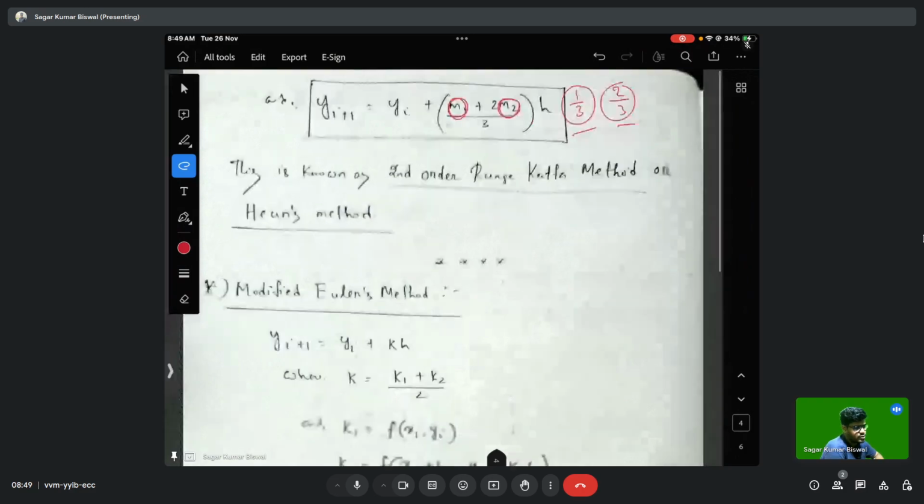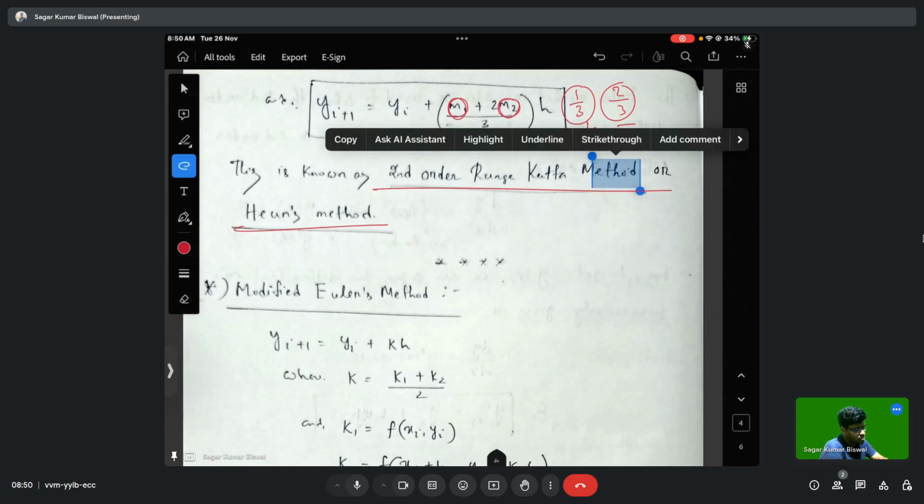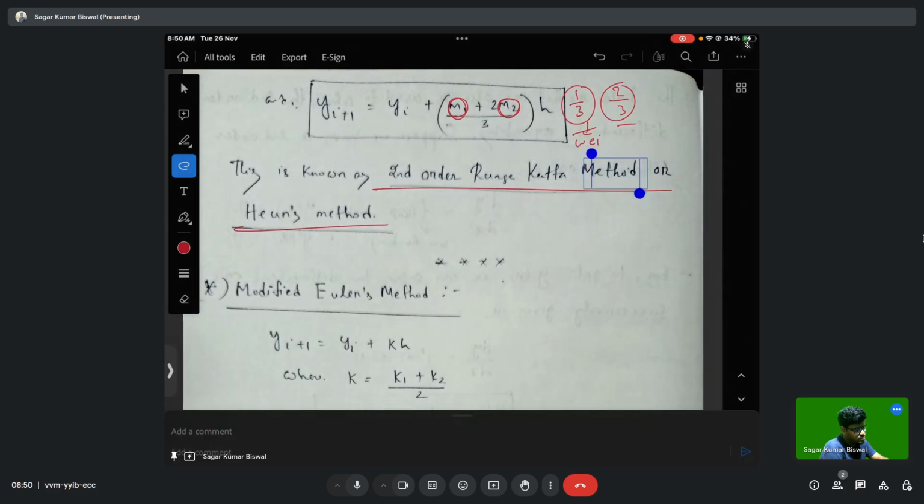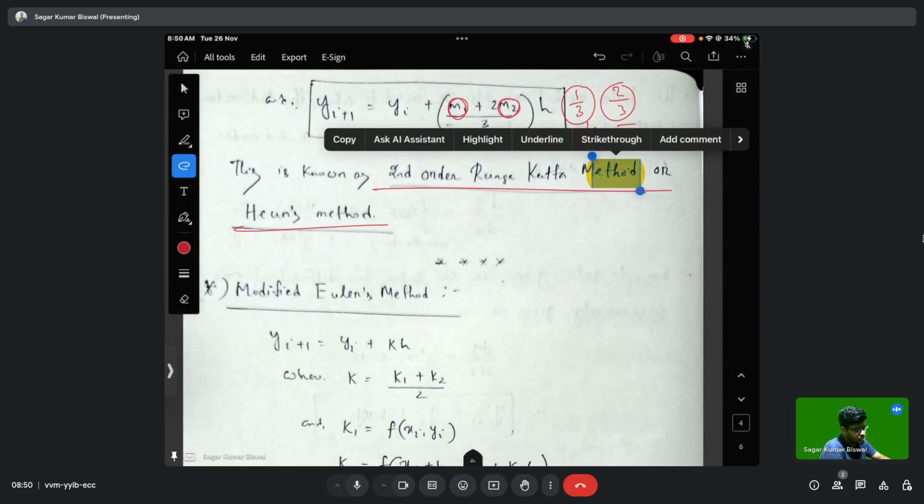Right? That is how these weights of the slope are there, and this is known as the second order Runge-Kutta method or the Heun method.